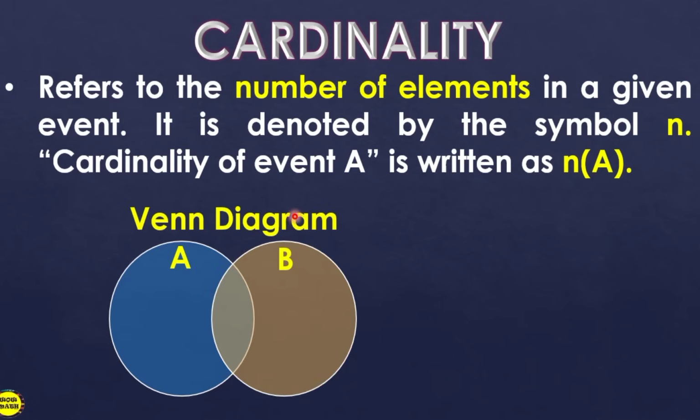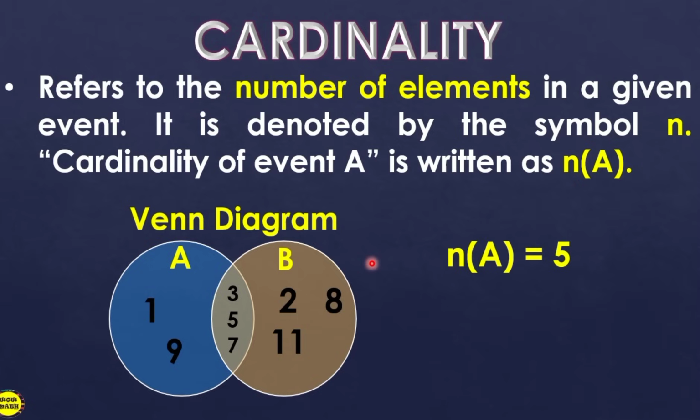Halimbawa po, meron tayong Venn diagram. Meron tayo ditong events A and B. Lagyan natin siya ng set of counting numbers. Meron ako ditong 1, 3, 5, 7, 9, 2, 8, and 11. If you will be getting the cardinality of event A, ilan ang laman ni event A?